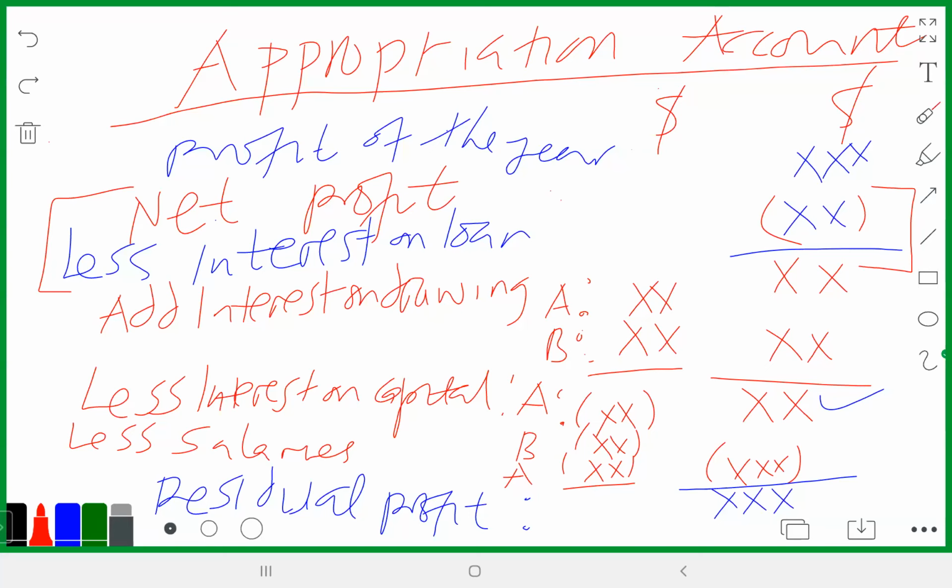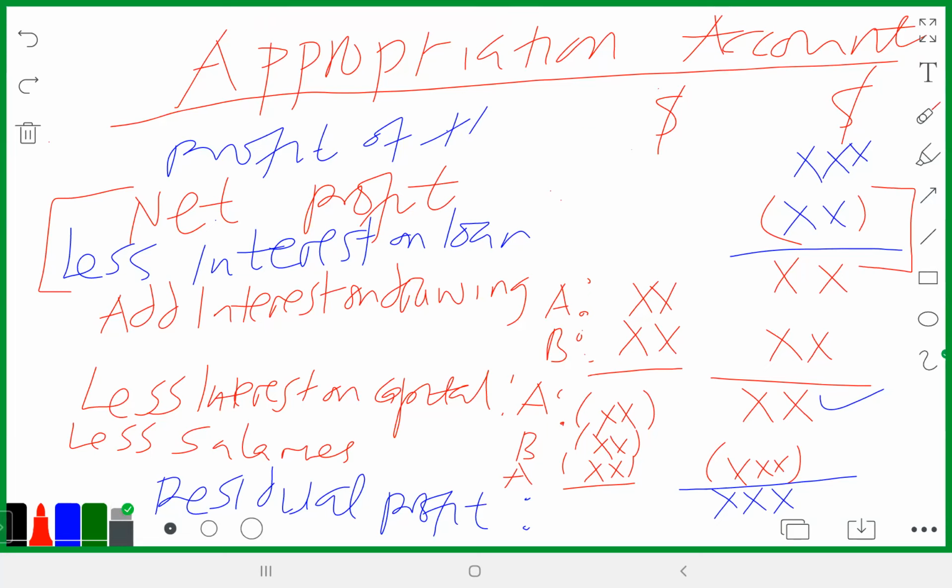Once you have accounted for the interest on loan already in the profit and loss statement, then you write the last figures, the profit of the year. Once you start your appropriation account with the profit of the year, there will be no need of lessing the interest on loan again, because the profit of the year simply means net profit minus the interest on loan, right? So this is what is there.